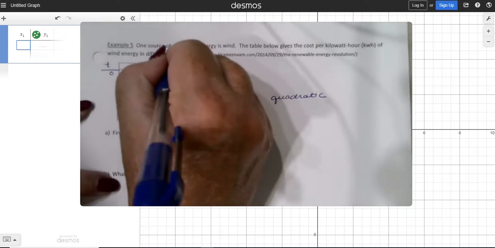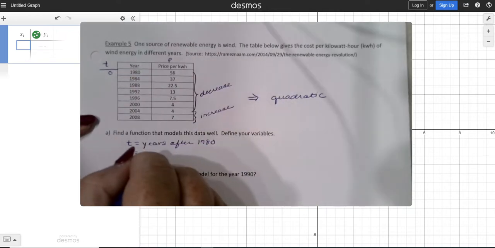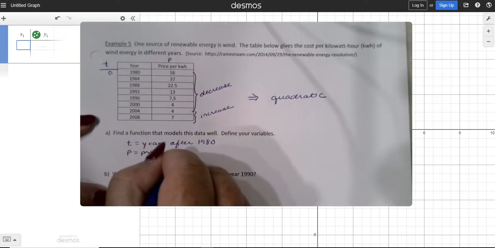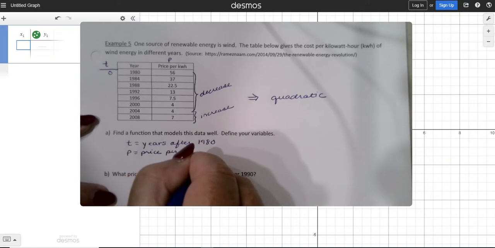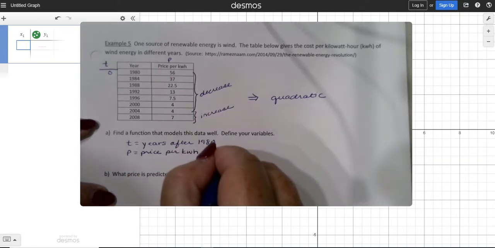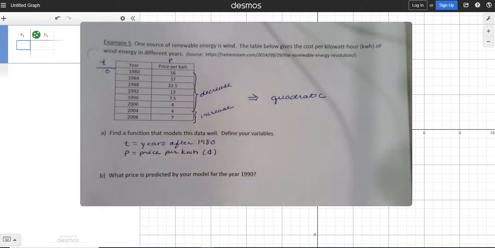And then I'll go with p for price per kilowatt hour, and this actually is in cents. I don't think I indicated that in the chart, although if you look at the graph at the bottom of the page, it's clearly cents.